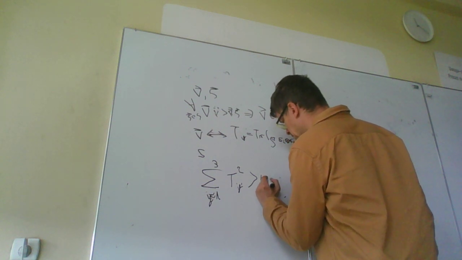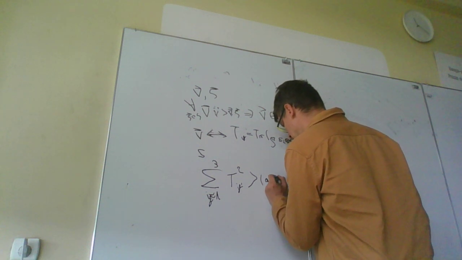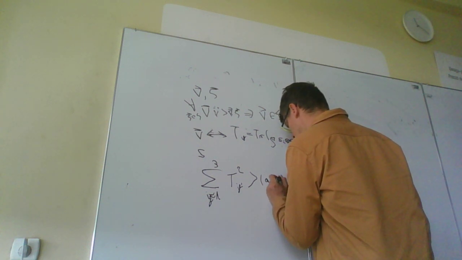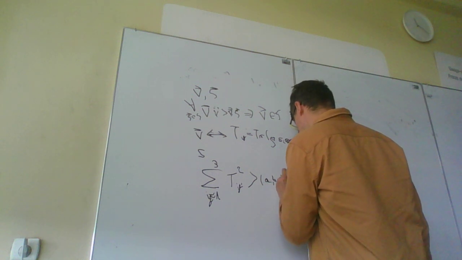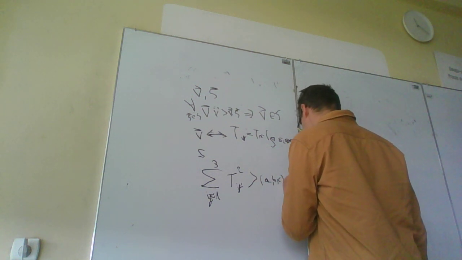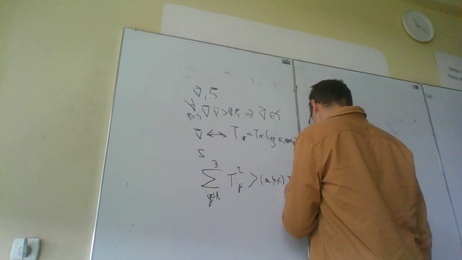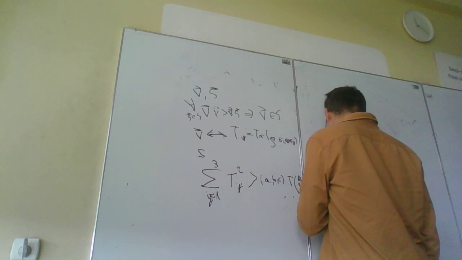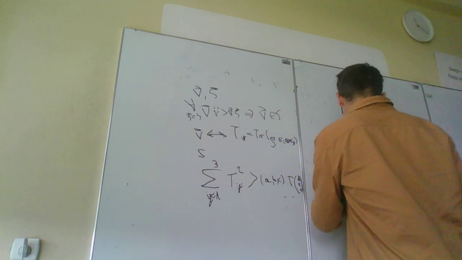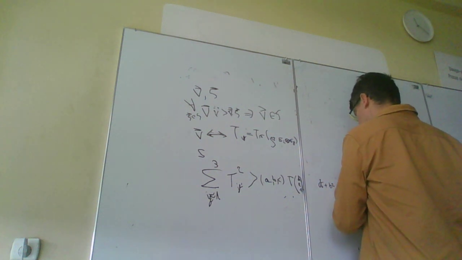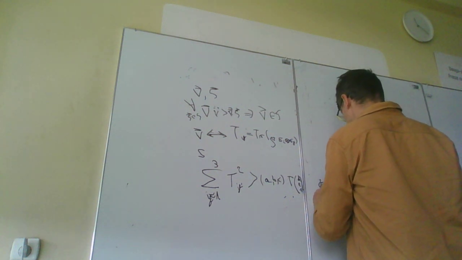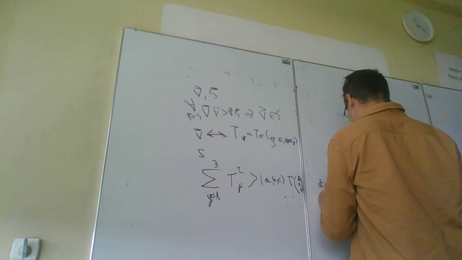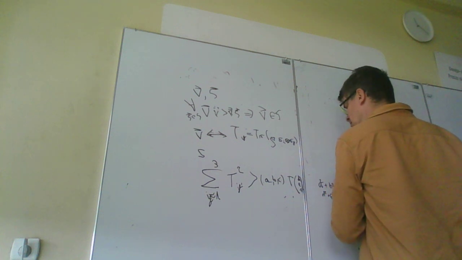So (a, b, c) T (d, e, f), where a squared plus b squared plus c squared is equal to 1, and d squared plus e squared plus f squared is also equal to 1.